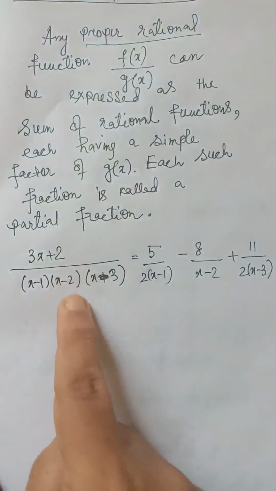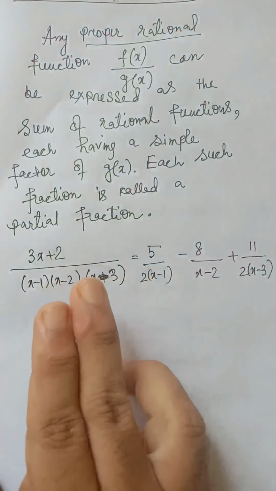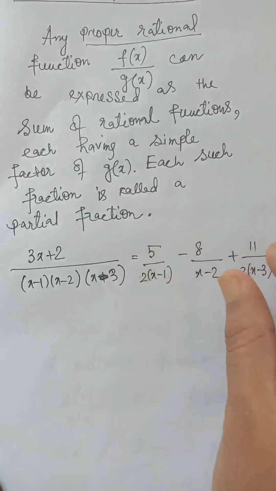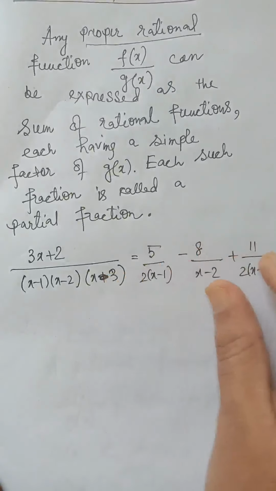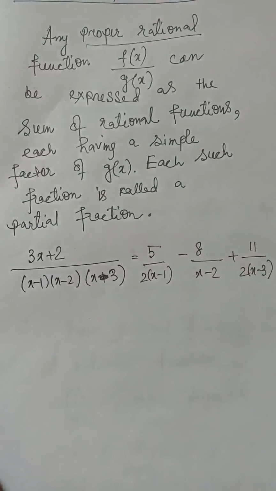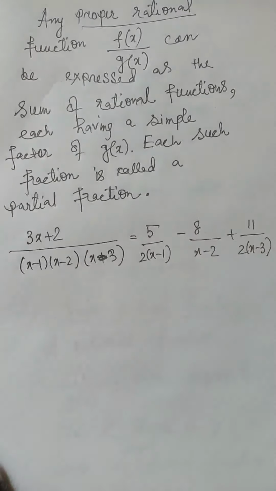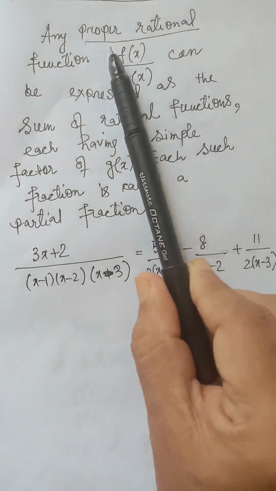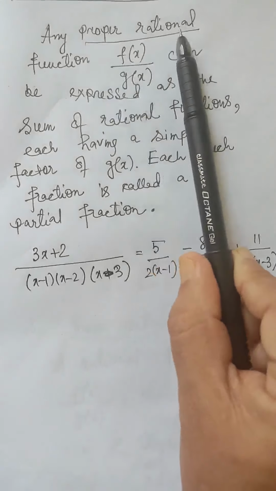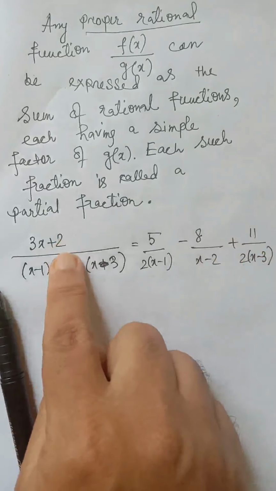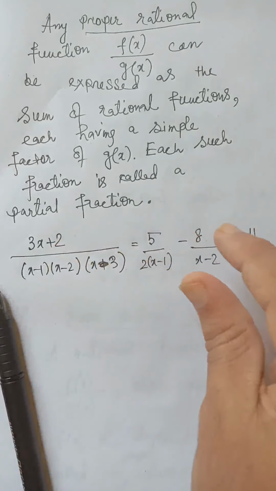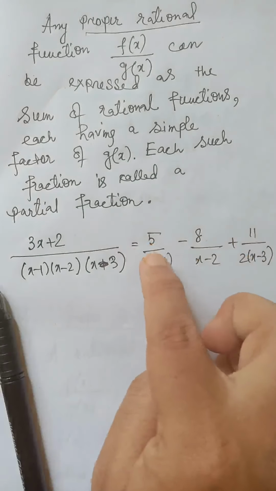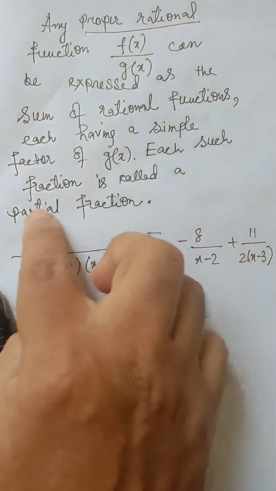A proper rational fraction can be expressed as a sum or difference of smaller fractions. These fractions are called partial fractions. What you have to remember: only a proper rational fraction can be resolved into partial fractions, and in each of these partial fractions, the denominator will be a factor of the given fraction.